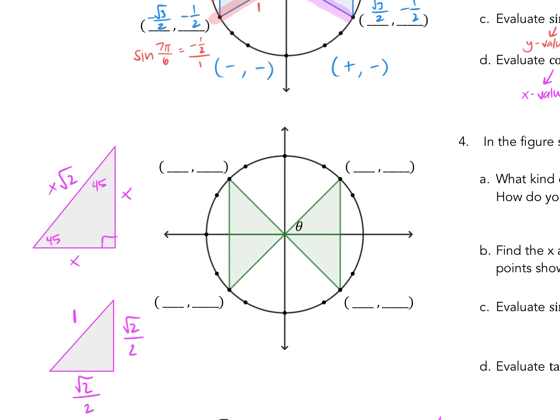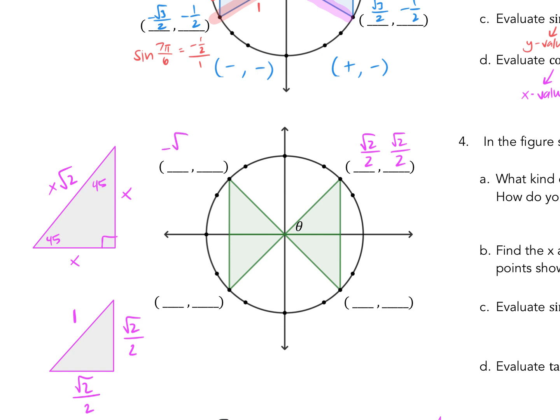So this one's nice because it's just going to be the same thing for all your coordinates, except you're going to have to be careful with your positives and negatives, okay? So my first coordinate here would be square root of 2 over 2, square root of 2 over 2. And they're all going to be the same except they're going to have different signs in different spots, right?